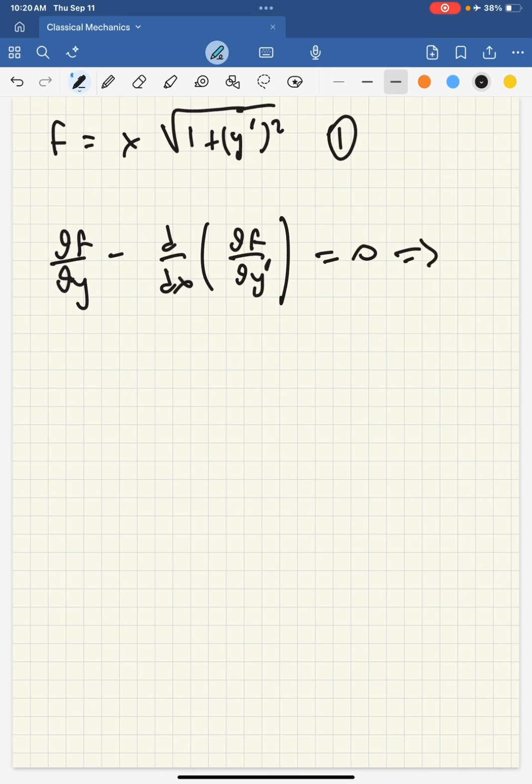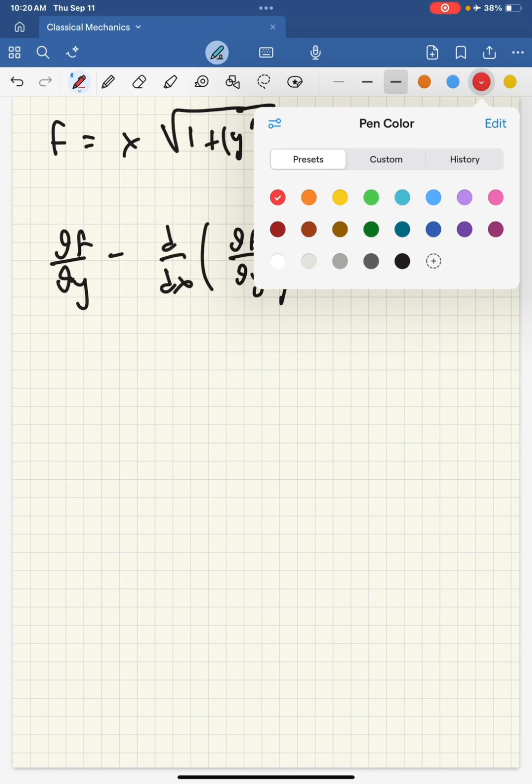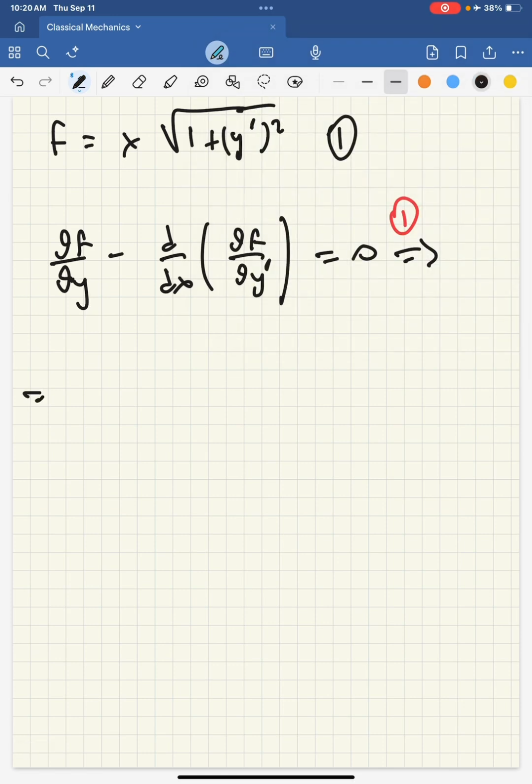So we can plug equation 1 in, okay? And the first observation is that the partial with respect to y is 0, right? Because we have no y dependence in the functional, so that's nice. So we can immediately integrate. So the partial with respect to y prime should be a constant, right? Because we need the first derivative with respect to x of this partial with respect to y prime to be 0.